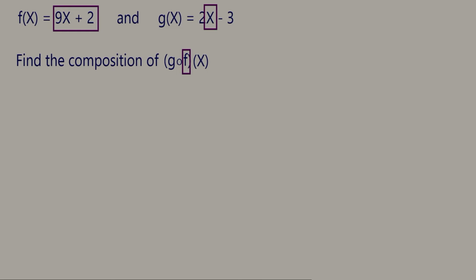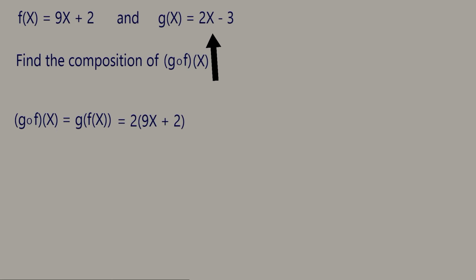f of x, which is equal to 9x plus 2, will be the value of x in g of x. And we write back a minus 3.